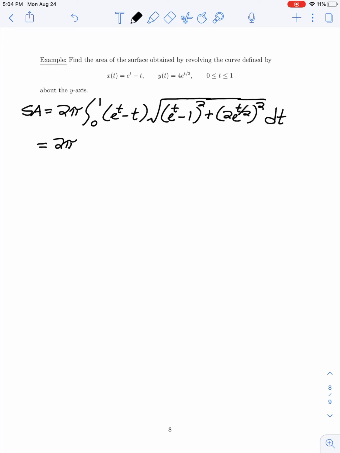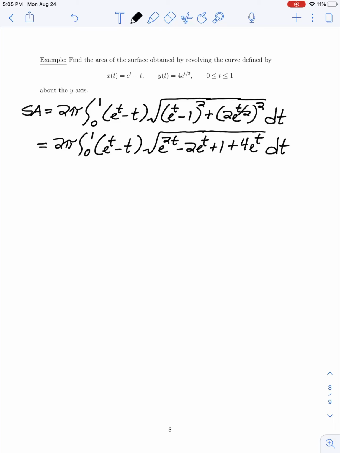We have 2 pi times the integral from 0 to 1 of e to the t minus t times the square root of, expanding our first term squared, e to the 2t minus 2e to the t plus 1, plus, when we square this second term, 4e to the t, dt.